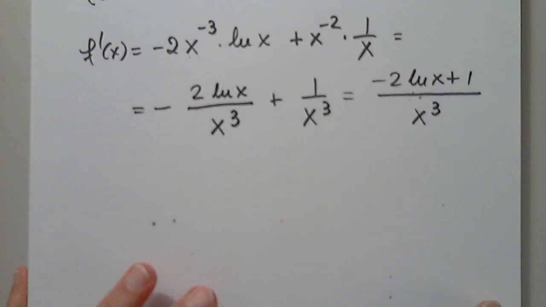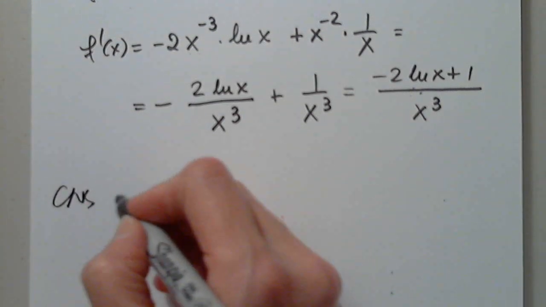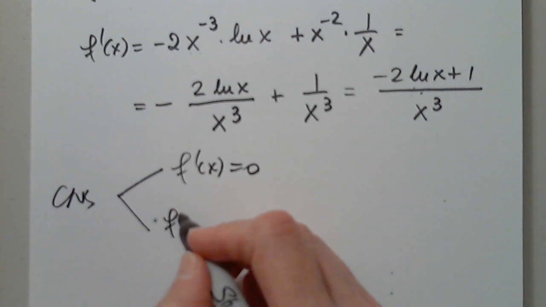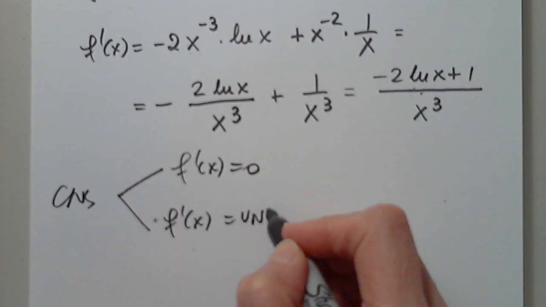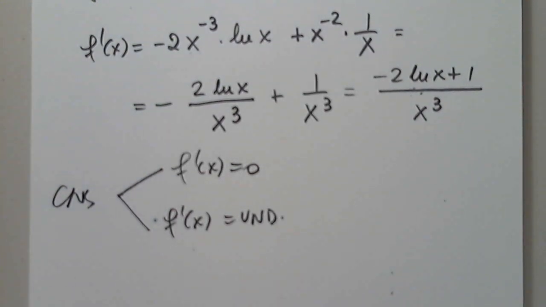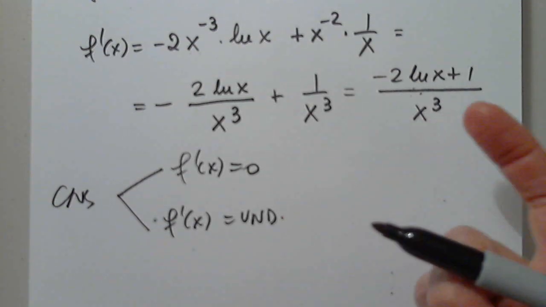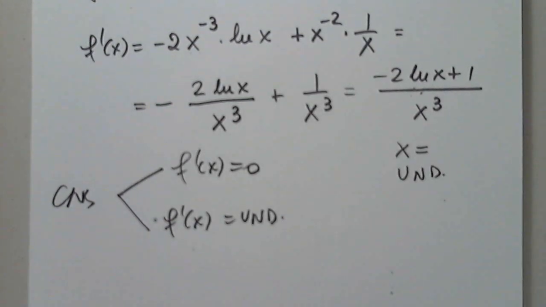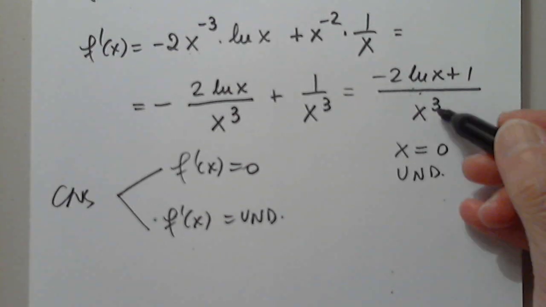So now, critical numbers. They come from two sources: from f prime being 0 or from f prime being undefined. When is this function undefined? Well, first of all, it's undefined at 0.